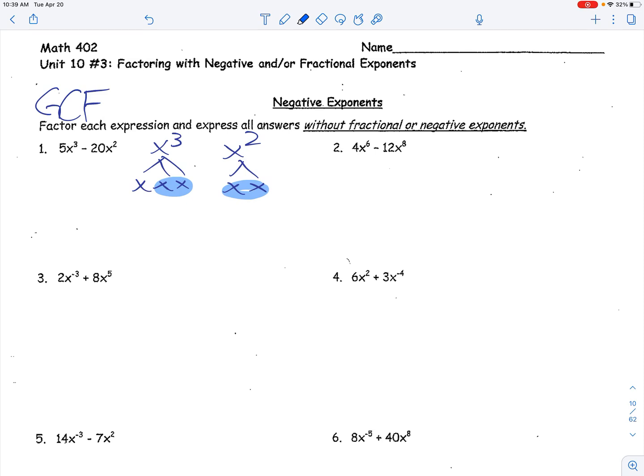You can take 3 from the x cubed, but you don't have 3 to take from the x squared. So the GCF here between x^3 and x^2 is an x^2.